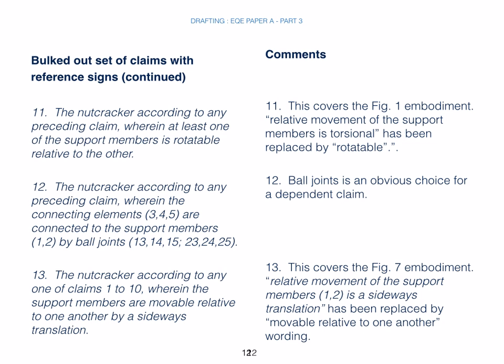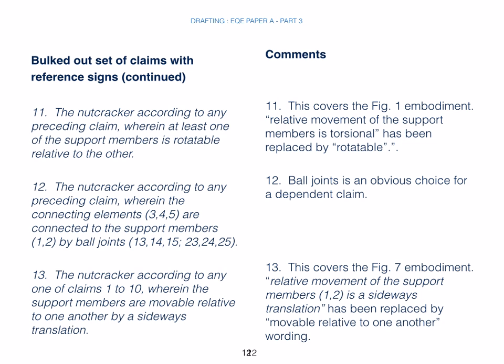Claim 13 now reads the Nutcracker according to any one of claims 1 to 10, that is not according to Claim 11 and so on, wherein the support members are movable relative to one another by a sideways translation.